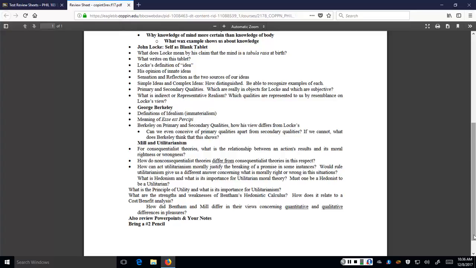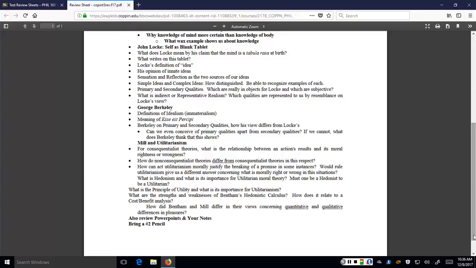So Locke defines an idea, and look, for the empiricists, an idea is a technical term. They have their own specific concept of what an idea is. And an idea for them is basically what the mind is immediately acquainted with. It's an immediate object of perception.